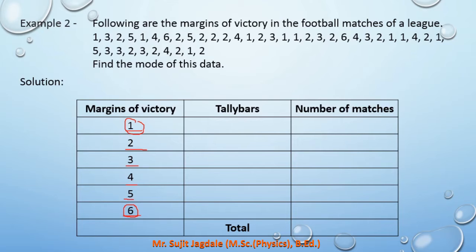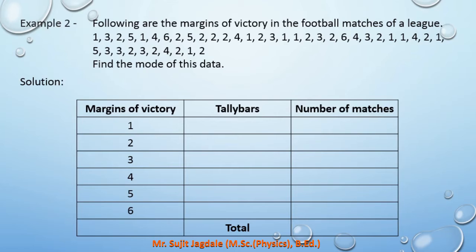Now we have to put the tally marks. Don't count the total number of observations. We just put the tally mark in front of that margin of victory. You can take the margins of victory one by one, or you can take all the observations one after another, and then put the tally marks in front of the margins of victory.